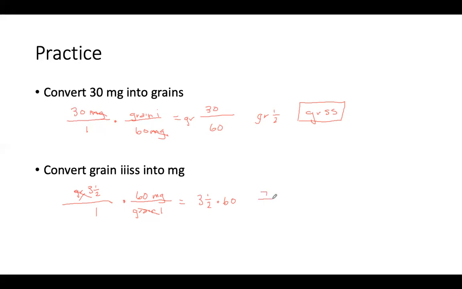So 7 over 2 times 60 over 1. We multiply straight across. So 7 times 60 is 420. 2 times 1 is 2. So 420 divided by 2 is 210 milligrams.